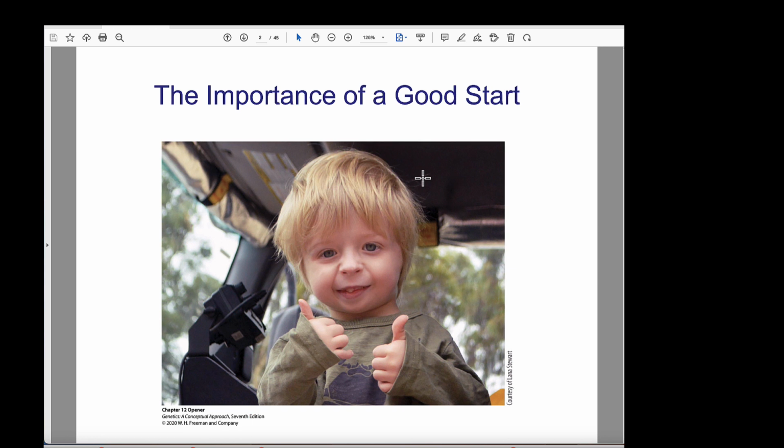So, this young boy that you're looking at, his name is Ryan, and Ryan was born with a genetic condition known as Meyer-Gorlin syndrome. Meyer-Gorlin syndrome results in an individual that has deformities.